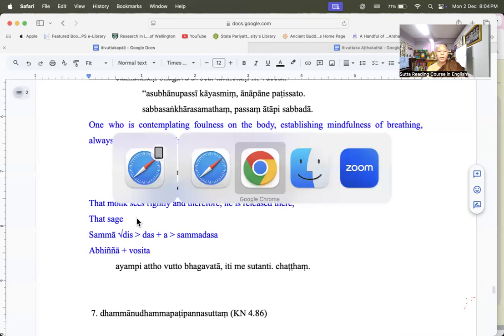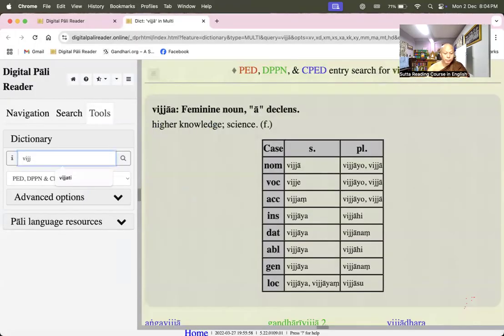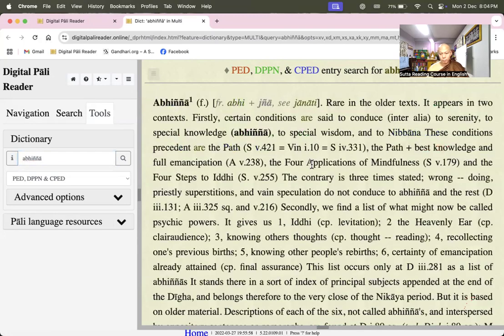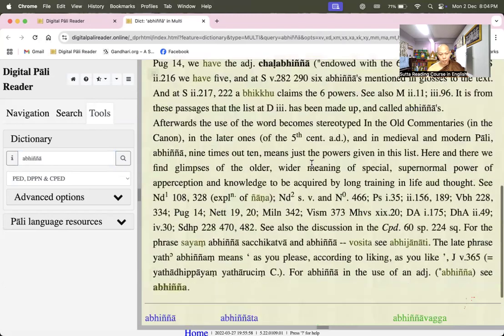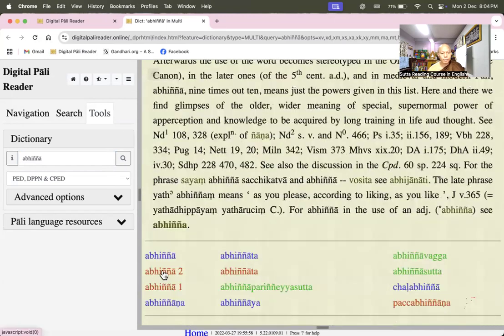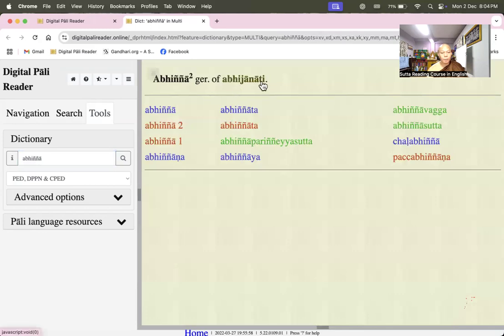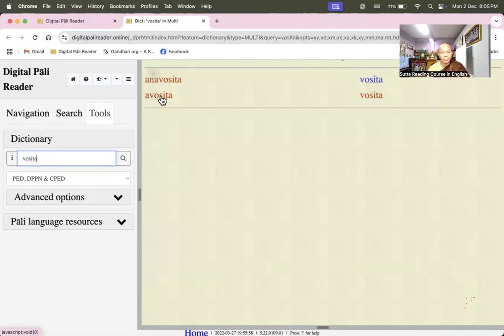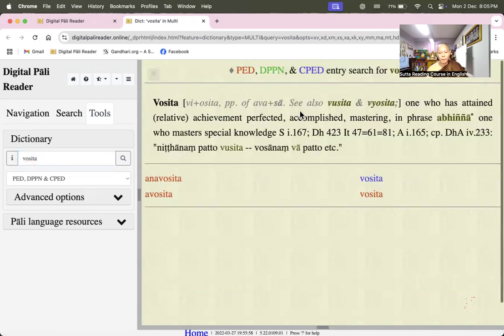Vosita is actually avasita, and vosita also. Vosita is achievement.